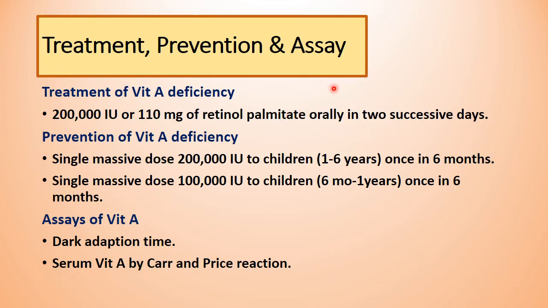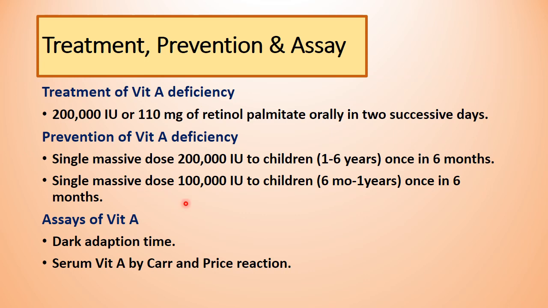Then treatment, prevention and assay. Treatment of vitamin A deficiency is 200,000 IU, that is 110 milligram of retinol palmitate, orally on 2 successive days. Prevention of vitamin A deficiency is a single massive dose of 200,000 international units to children 1 to 6 years, once in 6 months.